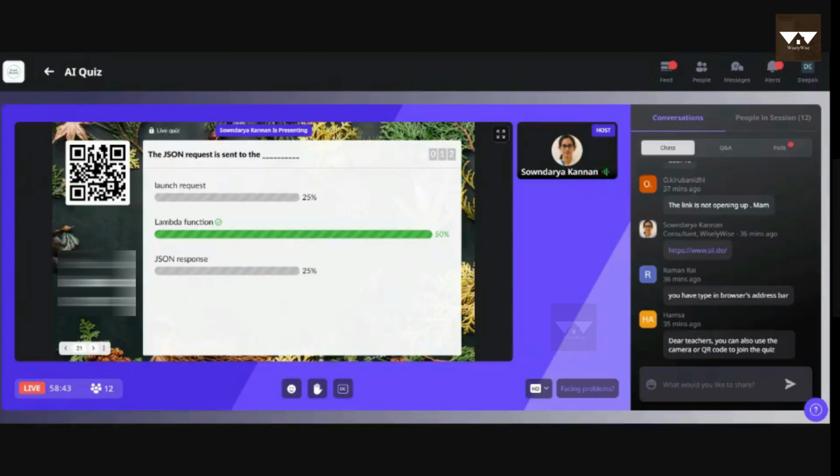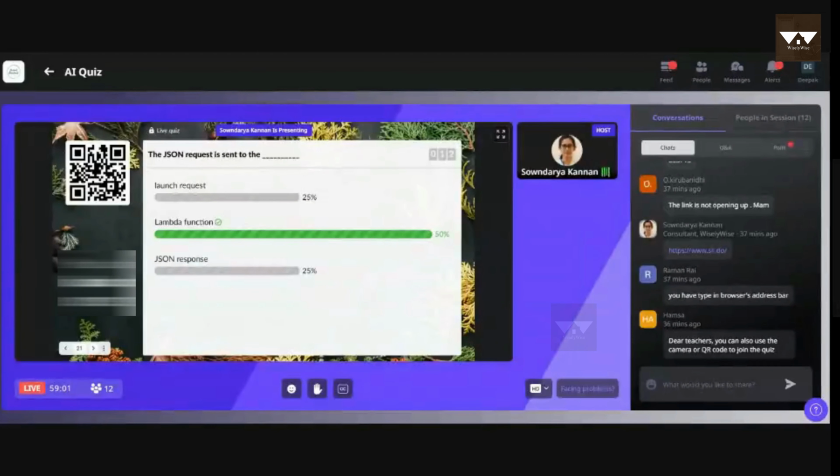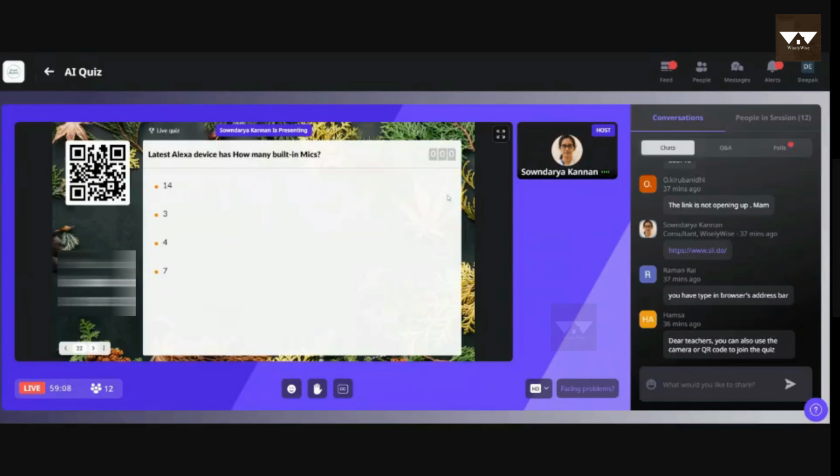In simple words, but in technical terms, it uses the interaction model, and the JSON request is sent to the Lambda function, and from the Lambda function, the JSON response will be received, and Alexa will play it back to us. So that's how it works. We'll move on to the next question. This is easy. Latest Alexa device has how many built-in mics?